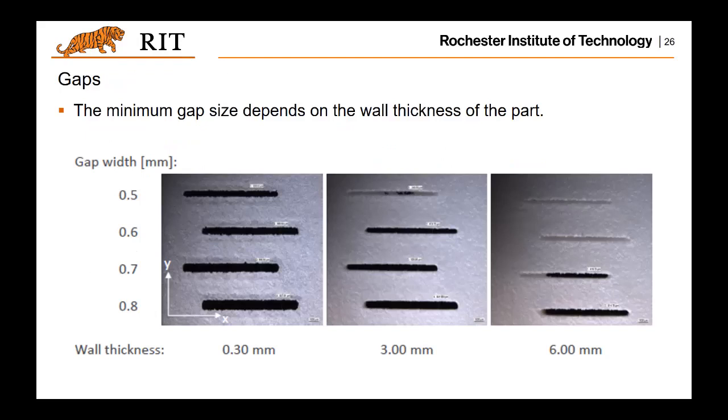And here gives you the gaps. Basically, the minimum gap size also depends on the wall thickness of the part. It's similar to the wall thickness. As you can see here, if you have a 0.3 millimeter wall thickness, well, you pretty much have all these gaps printed successfully.